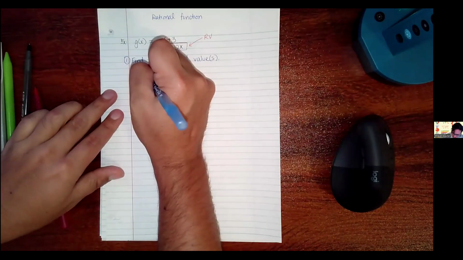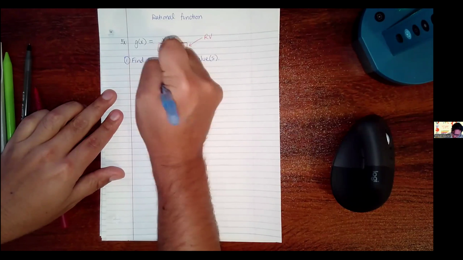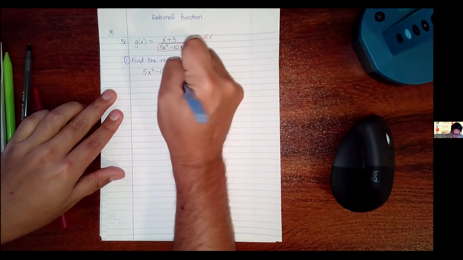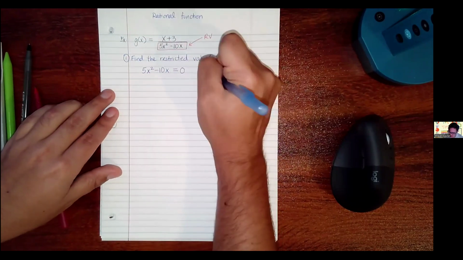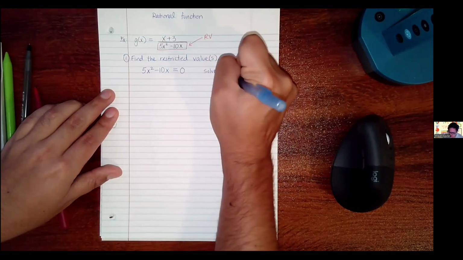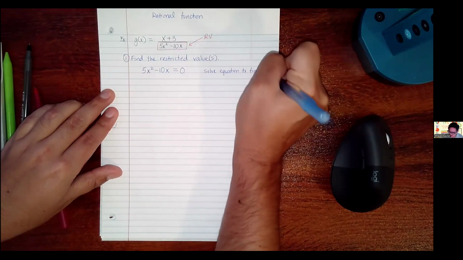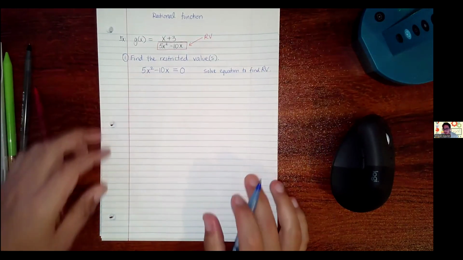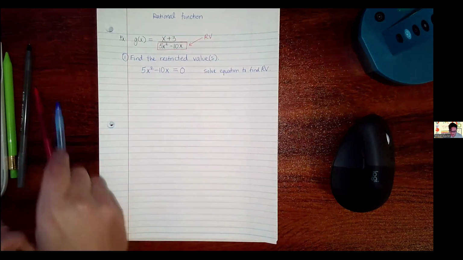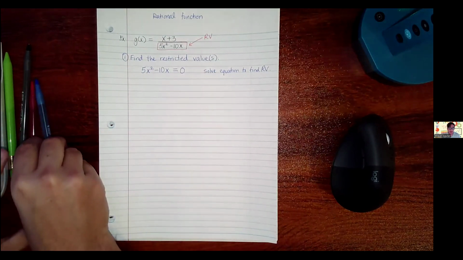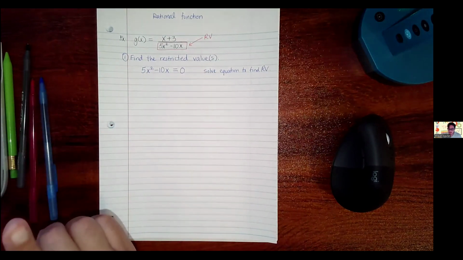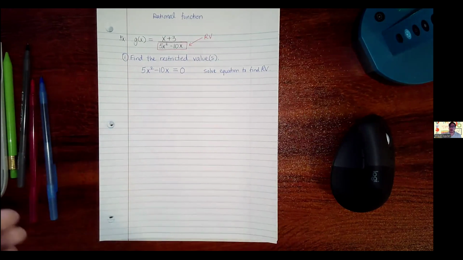So I'm going to take 5x squared minus 10x, set that equal to 0, and then solve the equation to find the restricted values. Now, I think it's worth emphasizing this. You're only concerned about zeroing out the denominator, right? Because restricted values come from this idea that we cannot divide by 0.